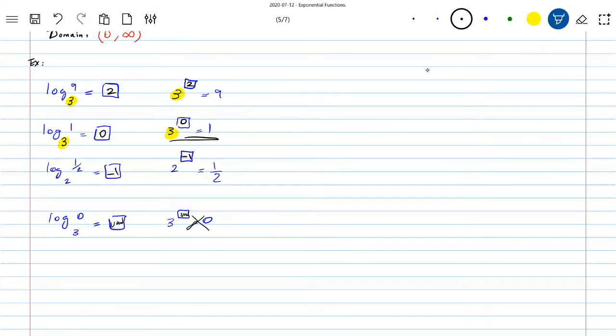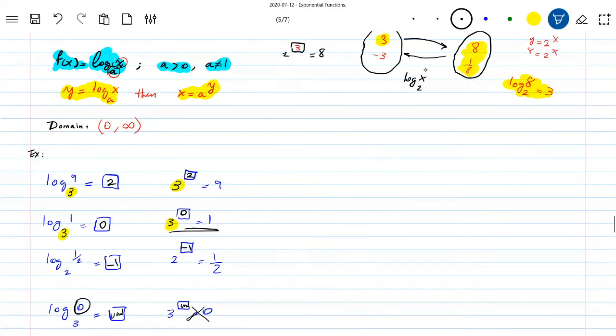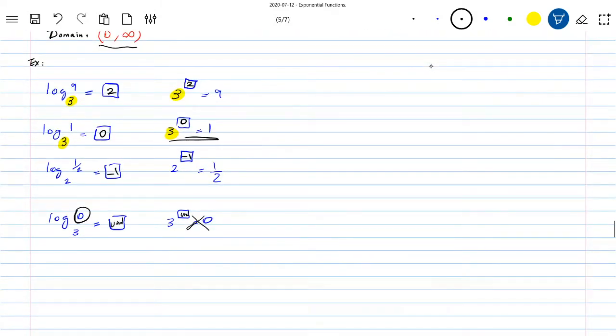And this is one of the reasons that we discussed the domain. The input here is 0. But we said the domain of log function should be any number above 0, not even negative number. So if you had, for example, log -3 base 3, and you write 3 to what power gives me -3, there is no number to fill in this box.